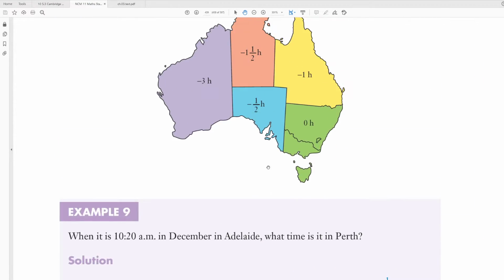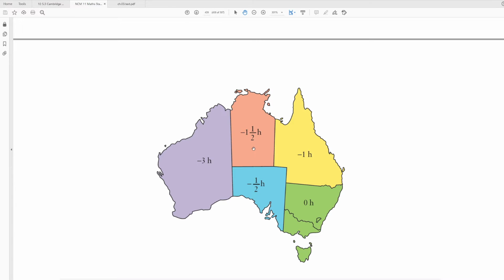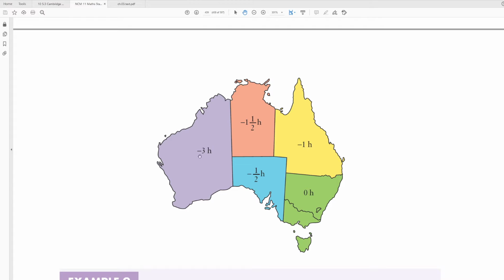Now during daylight savings time, this is a little bit different, of course, where you've got, say, in New South Wales, if it was 9 a.m., then in Perth it would be 6 a.m. because it's 3 hours behind.